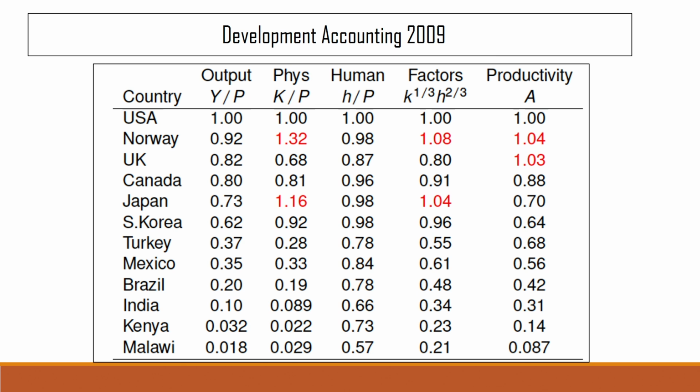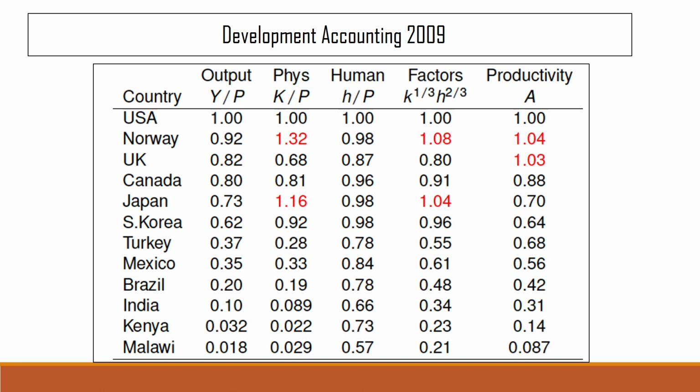So here is the story that is emerging: in terms of productivity, Japan is doing worse compared to US, but when it comes to the different factors of production, they are more productive compared to that of US.